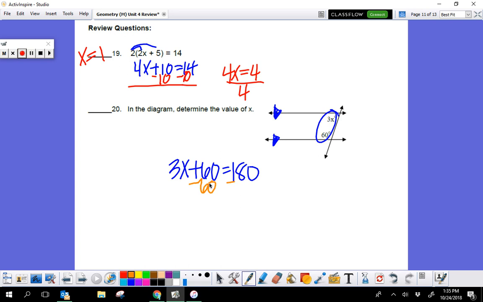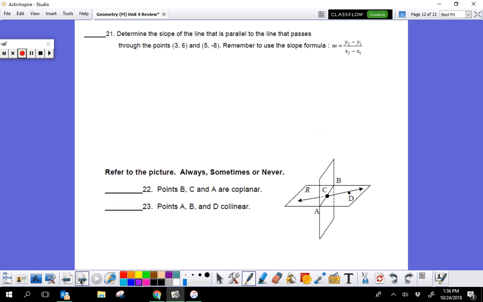Subtract 60. So 3x equals 120. Divide by 3. And so x here would be 40.